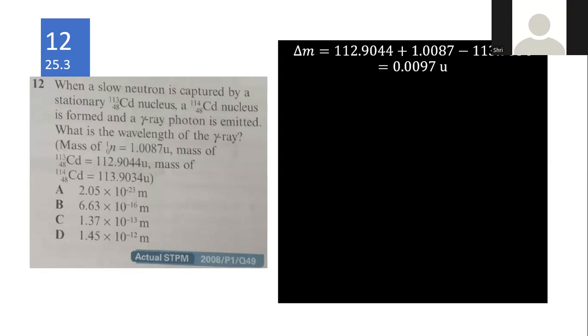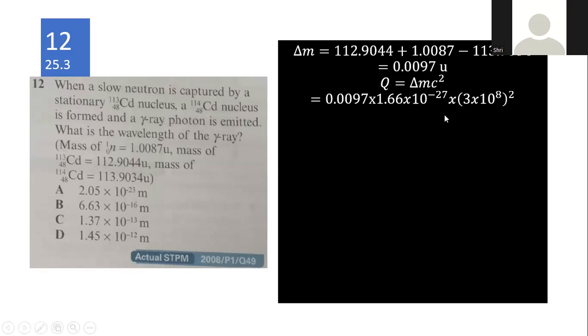Then after that, that mass converts to energy. If you want, you can use 931 straight away to get mega electron volt. But here, I think they want it in wavelength. So the mass, you have to convert it first to kilogram. So you have to use your value of constant, one atomic mass unit equals that.